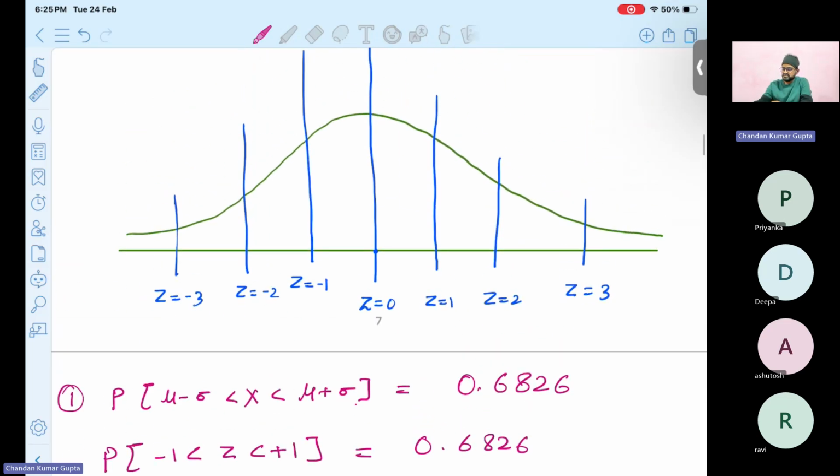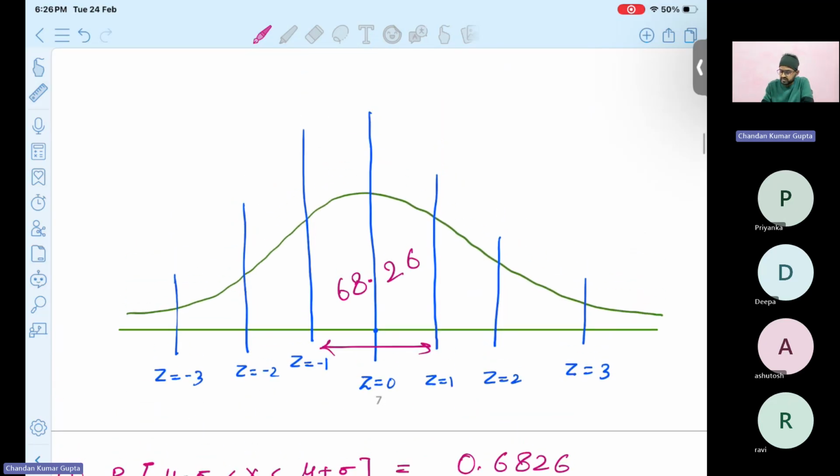This can be visualized here as well: 68.26% of values lie within the 1 sigma limit. And what about the 2 sigma limit? It's 95.44%.